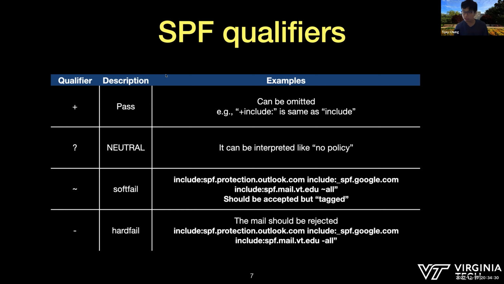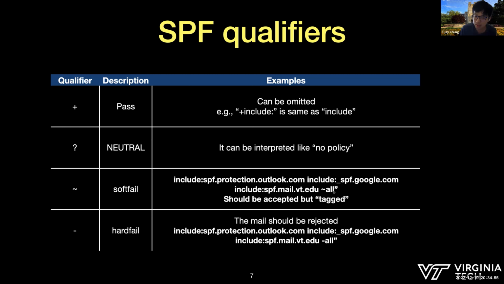Other than the mechanism, there is a qualifier, which is a criterion for whether to receive or reject the email. For example, tilde is a soft fail. If the IP address falls into Outlook, Google, or VT, it is accepted.